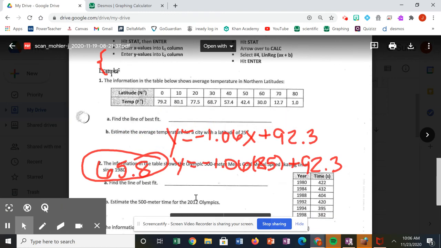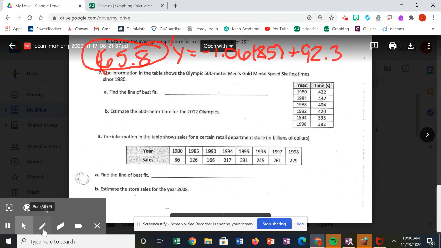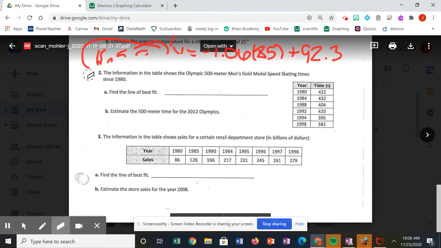All right. So now that we have done that, the last thing that I want you guys to do here is I want you to try this second problem. So this problem right here, it says the information in the table below shows the Olympic 500-meter men's gold medal speed skating time since 1980.